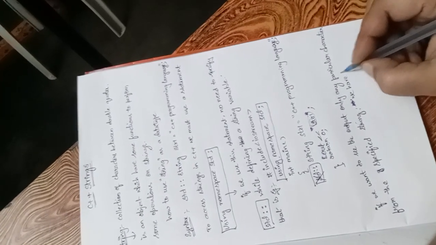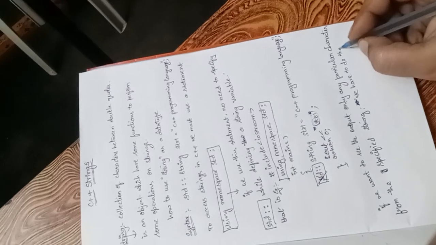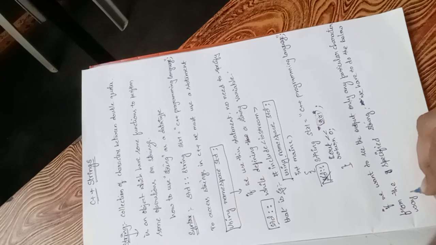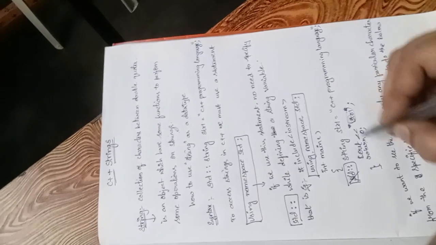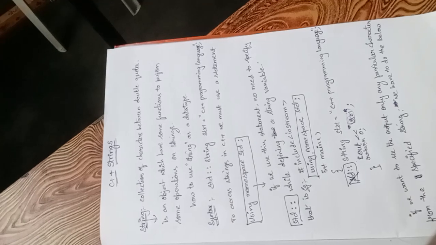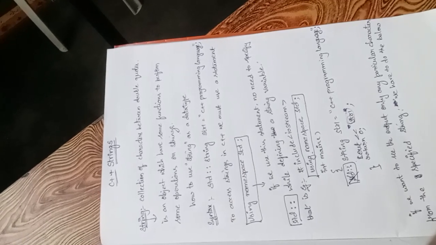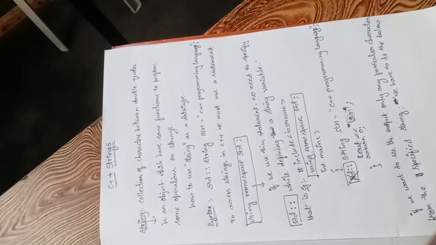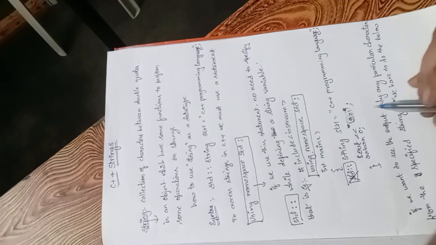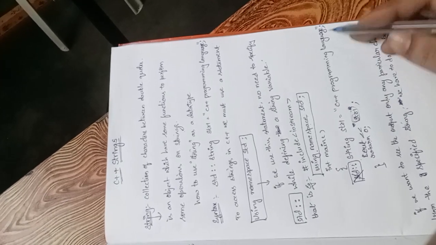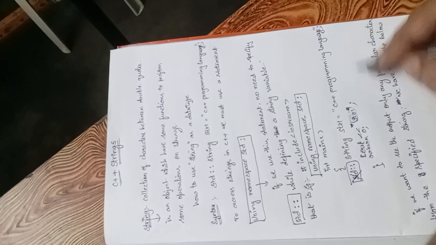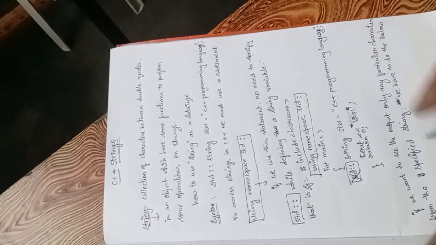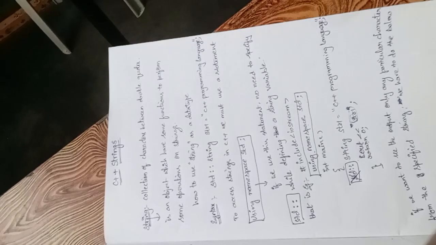In the place of cout less than less than str1, use square brackets with any number, based on the number of characters in the string. Here this is a big string, so let us give some 8.